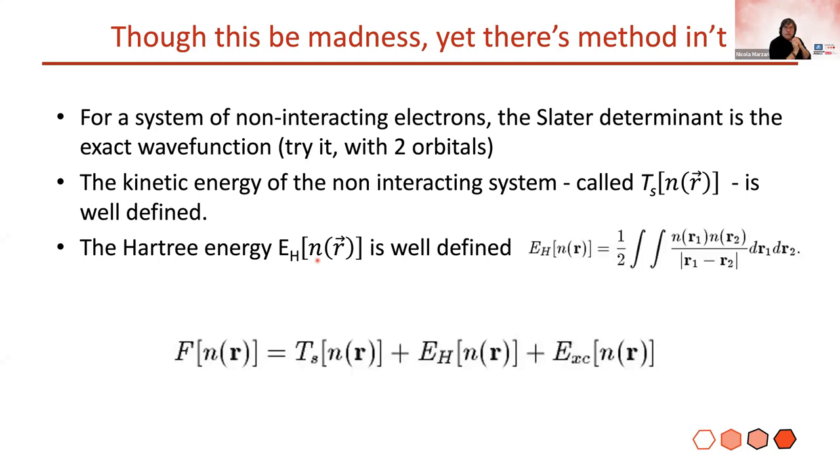So the first term, T of S, is the kinetic energy. It's the quantum kinetic energy of the non-interacting Kohn-Sham electrons. So in principle it has nothing to do with the quantum kinetic energy of the true electronic system, but it turns out to be a very decent relative. In particular, we can calculate it because for the non-interacting system, the Slater determinant of the Kohn-Sham orbitals is actually the exact wave function.